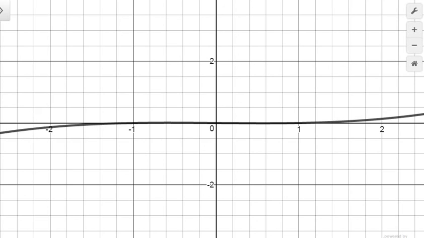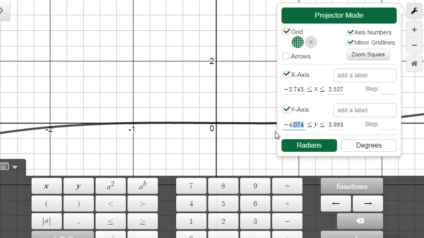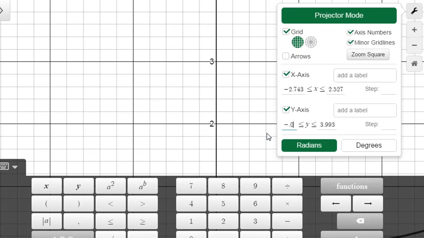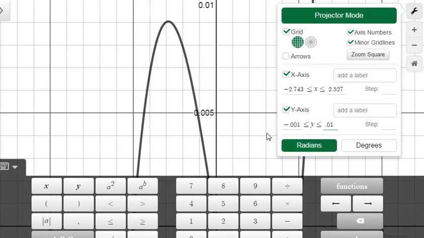So on the y-axis, let me go down to negative 0.001 to, let's see, over here to 0.001. No, I think I got too many zeros. There we go. Yeah. That looks better. But look at how much I'm zoomed in.